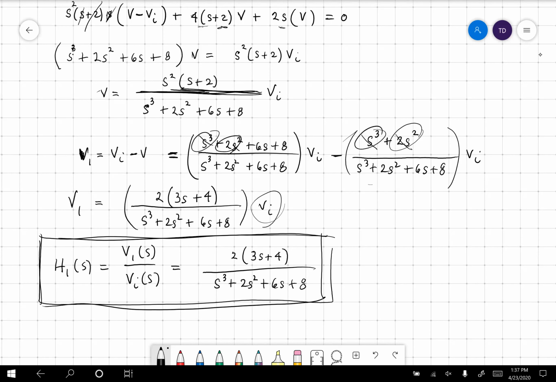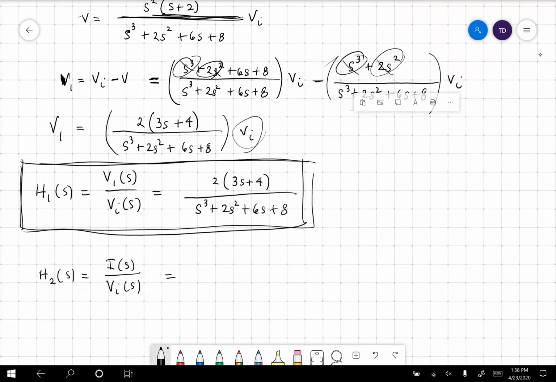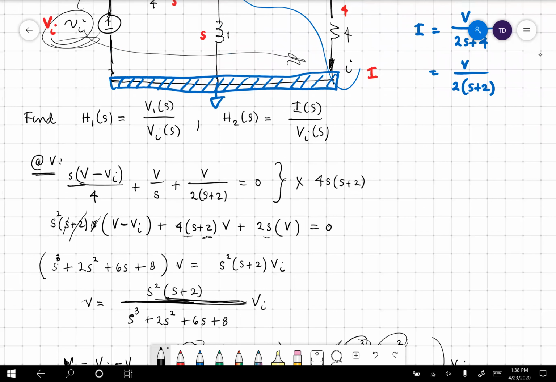The second transfer function we asked for was H2 is I of S over VI of S. If I remember correctly, I of S we said was V1 of S divided by twice S plus 2. Is that correct? Yep. V divided by twice S plus 2.